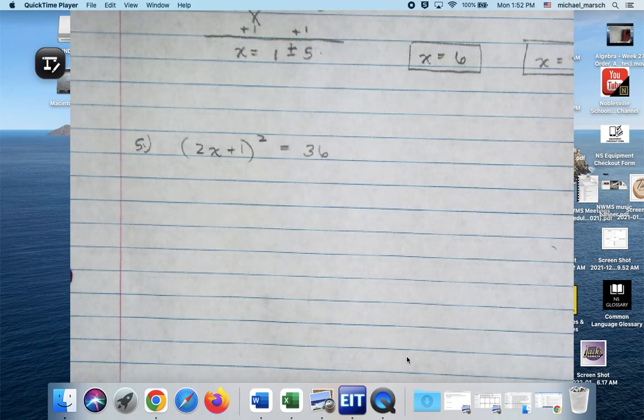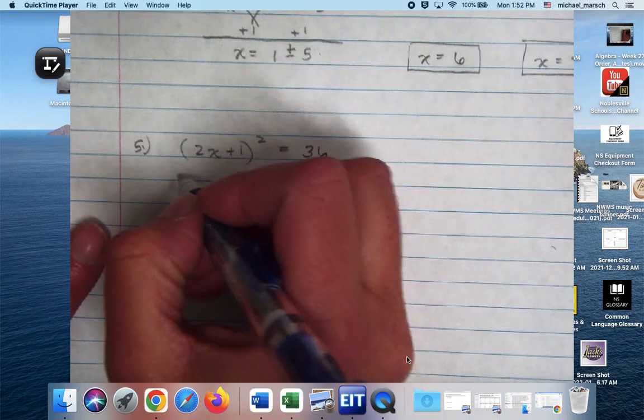All right, so the first thing I'm going to do here is take the square root of both sides.